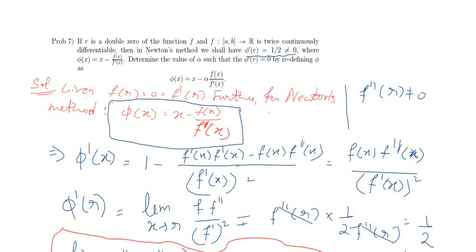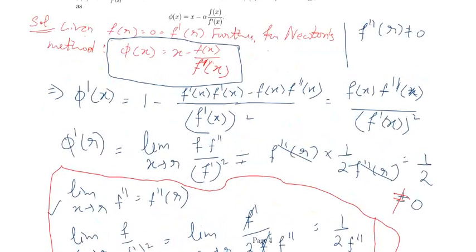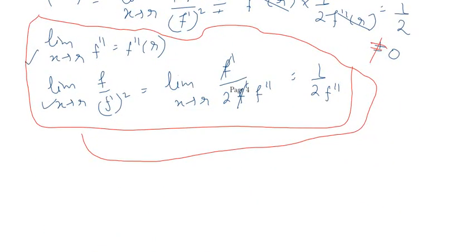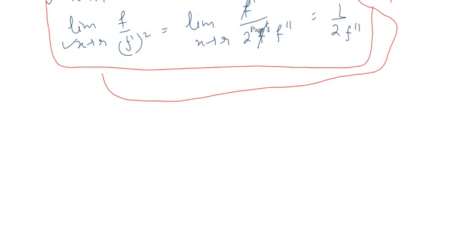If I wish to write a few steps here, let phi of x equal x minus alpha times f divided by f dash.